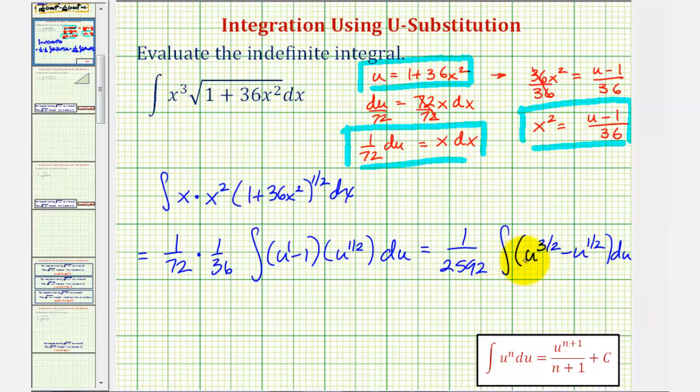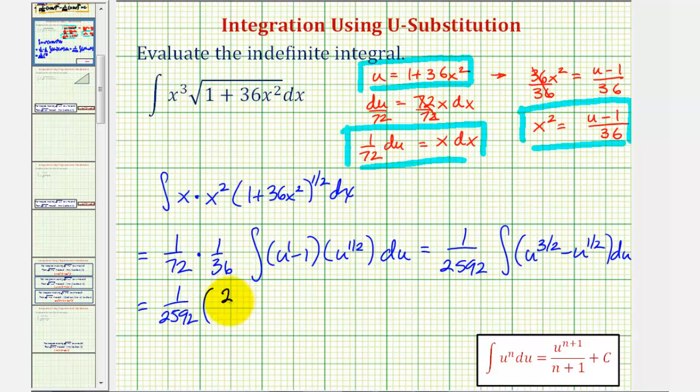And now we'll find the antiderivative with respect to u. So we have 1 over 2,592 times the antiderivative of u to the 3/2 would be u to the 5/2 divided by 5/2. Instead of dividing by 5/2, let's multiply by 2/5.